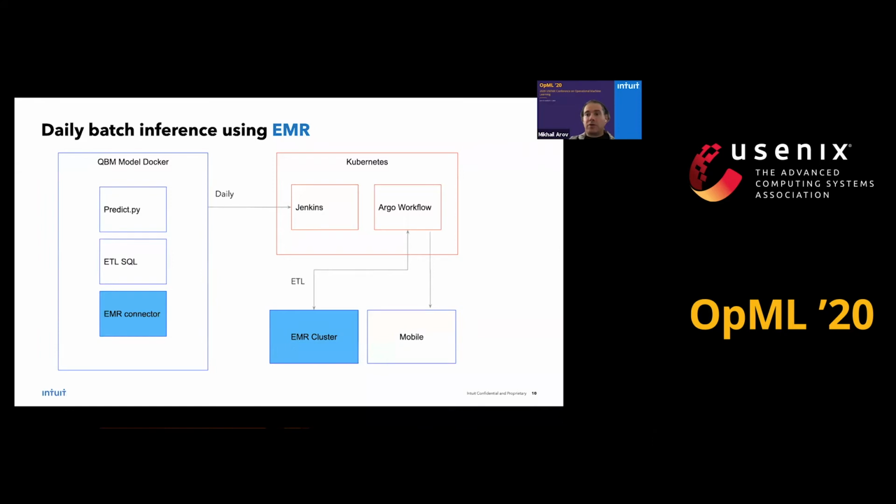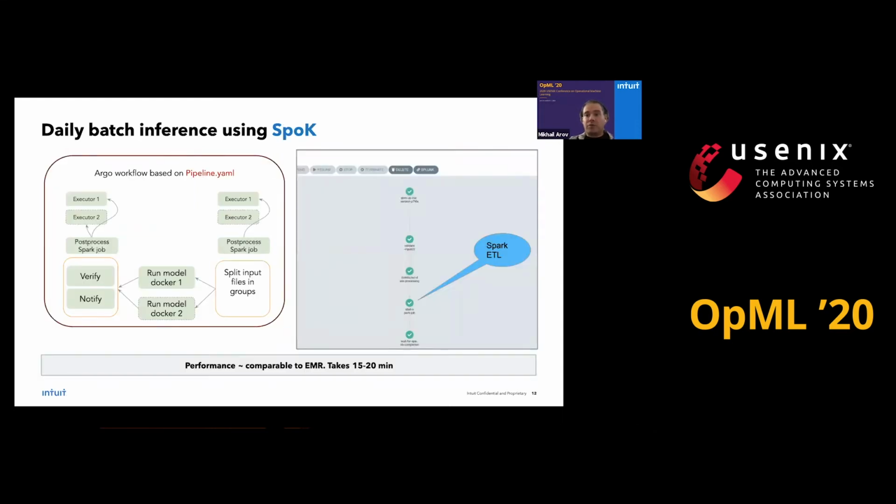That required a lot of additional overhead, both in development and maintenance, and had the issues that Nagaraj described when he went over Spark on Kubernetes versus Spark on EMR. Once we moved to this new Kubernetes-based system, things became much easier to use and understand.